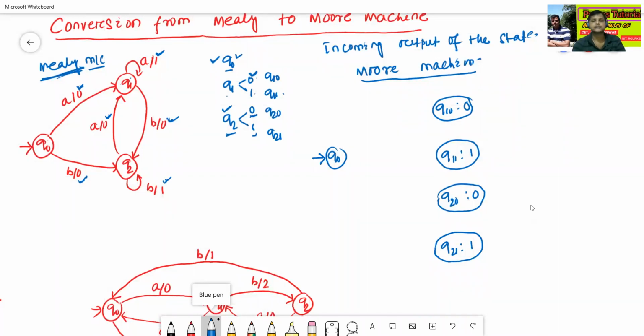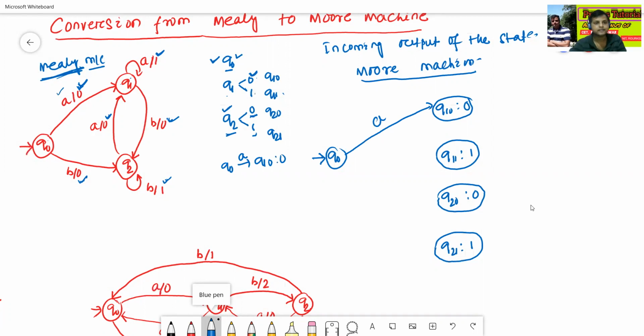Now we'll draw the transitions. From Q0 to Q1 is a transition, but its output is 0. Since its output is 0, it will go to Q10.